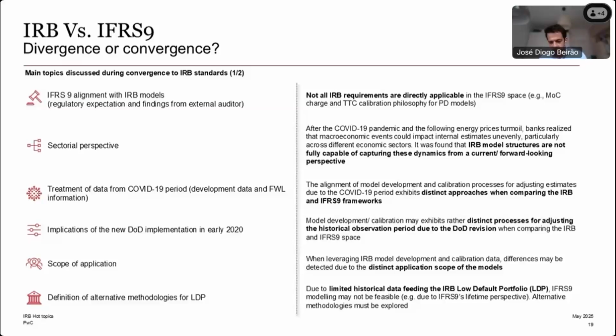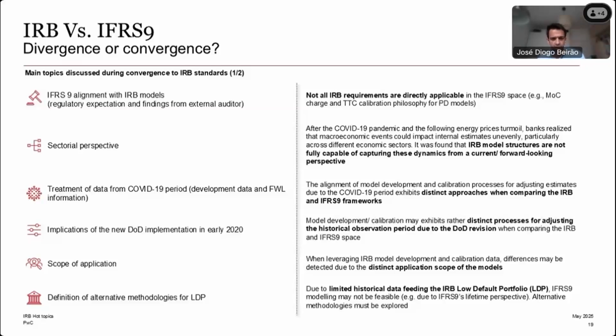Going to other topics, the sectoral perspective has increasingly been gaining predominance, since there is a difference in terms of the outlook for the so-called novel risks. These novel risks include geopolitical risks, ESG, and other sources of risk that are not typically reflected in the legacy data.